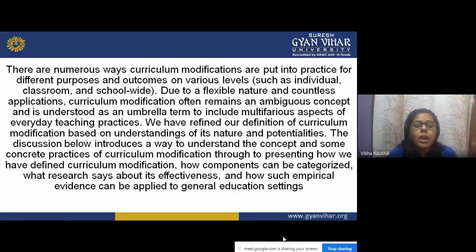Through presenting how we have defined curriculum modification, how components can be categorized, what research says about its effectiveness, and how such empirical evidence can be applied to general education settings, so that enhancement and modification of the curriculum can be made.